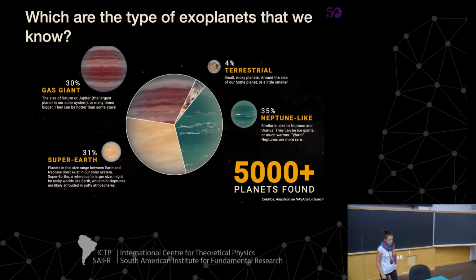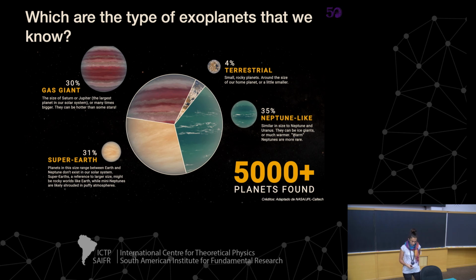Okay, so which are the types of exoplanets that we have discovered up till now? With more than 5,000 discovered, obviously, we divided them into classes because their formation pathway is different depending on the class of exoplanet. So 30% are gas giants, meaning that they are giant and composed mostly of gas.